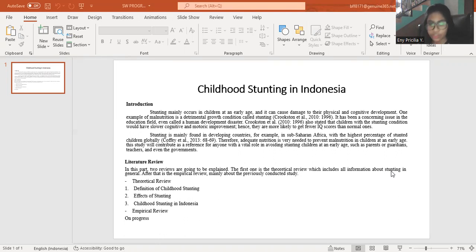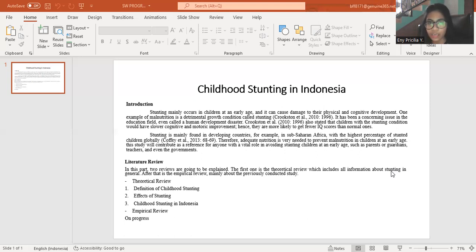So in the introduction, I firstly explain about the malnutrition condition, which is the condition of less proper nutrition that happens to people, usually caused by low income to have enough food, lacking knowledge of health, and digestive problems.